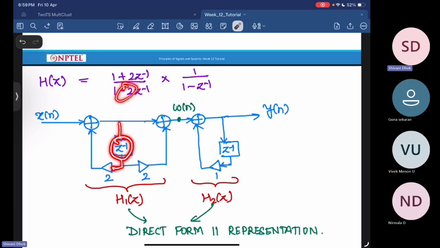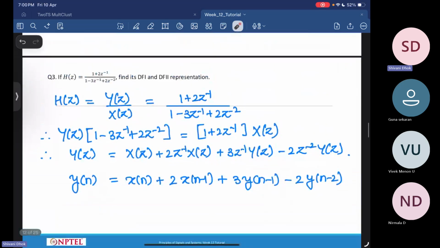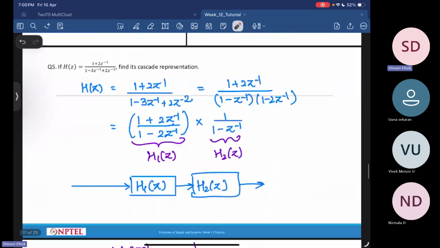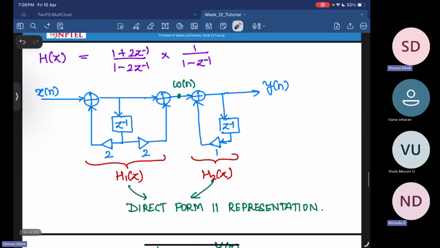If you get confused, don't do it directly. Do it with the steps we had done in the very first question, like this. Actually, here we are taking out the negative of the denominator and then the positive of the numerator, ma'am. Yes. Okay. Thank you.